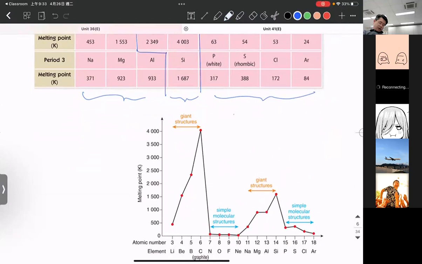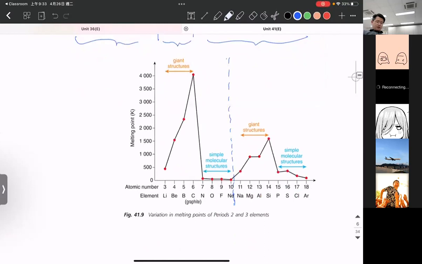So please put a boundary here to tell period 2 and period 3. Can you follow? So you may find period 2 and period 3.